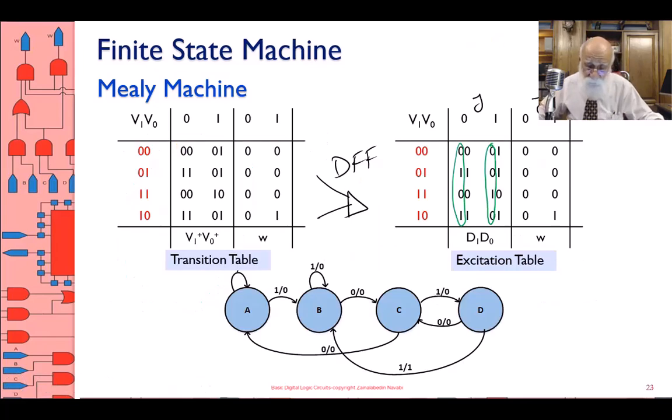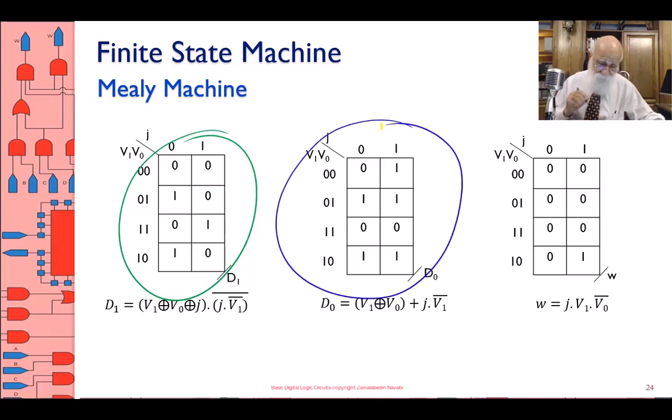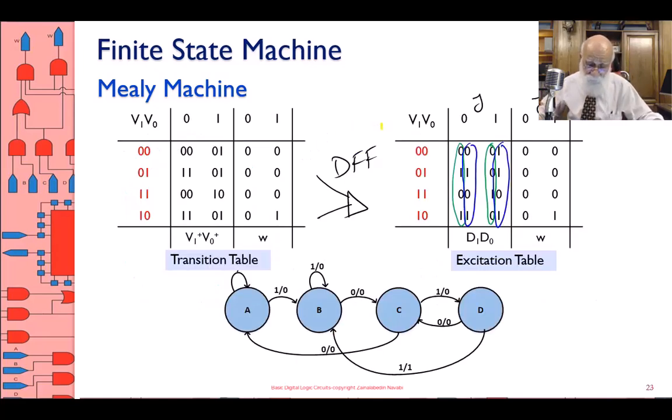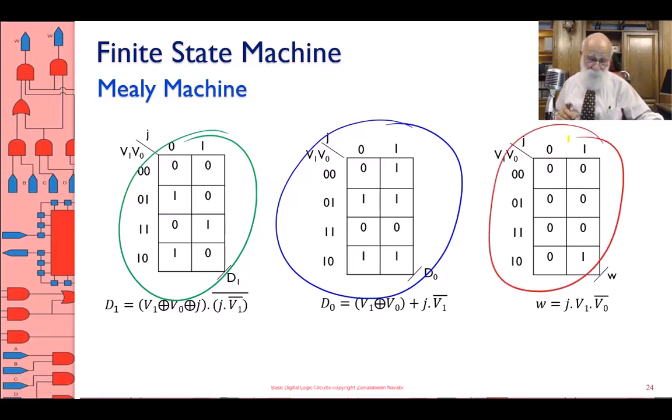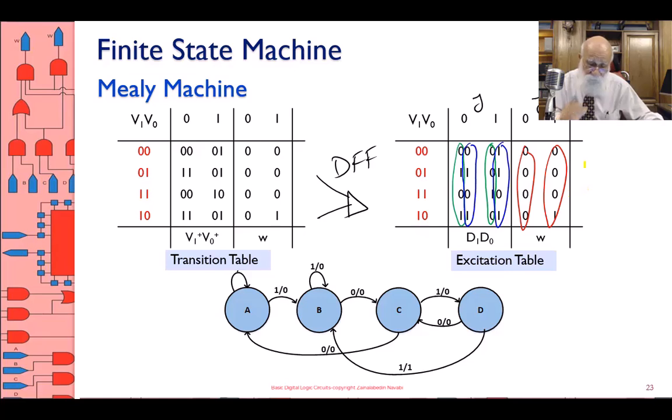I'm taking this as my second Karnaugh map, which is this for D0. And then my third Karnaugh map is this for W, which is this. Okay, so the left column is the J0, the right column is J1. Okay, like this.